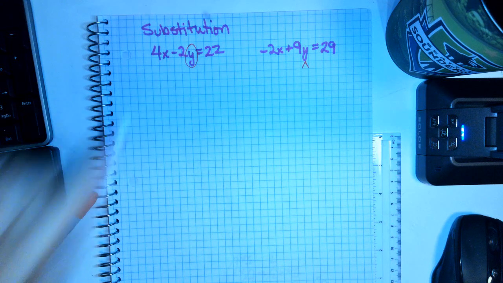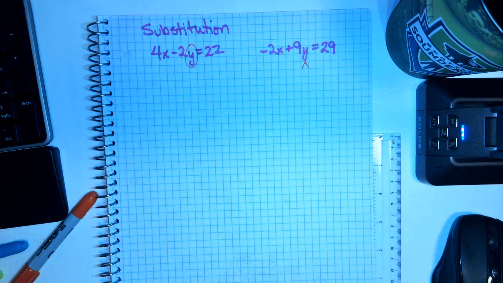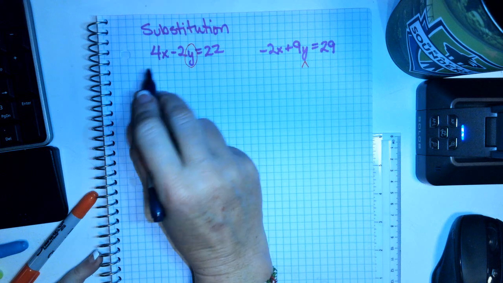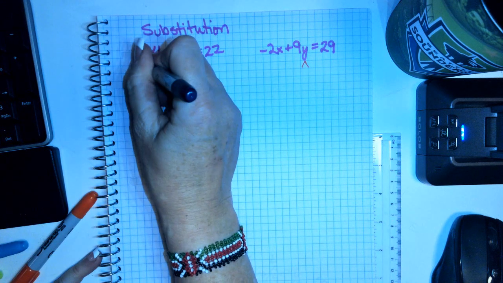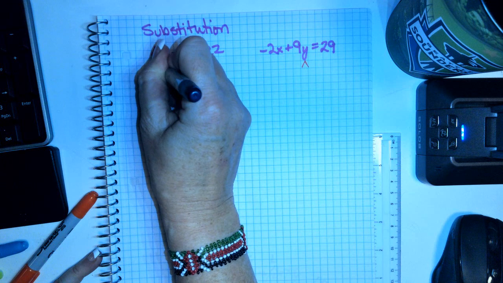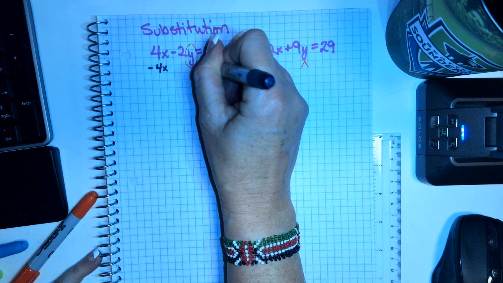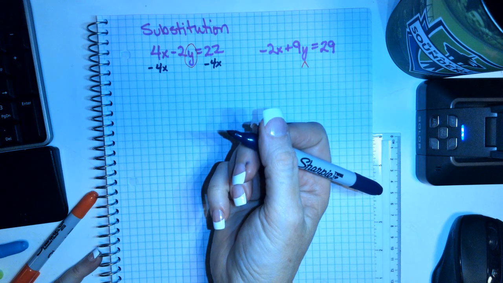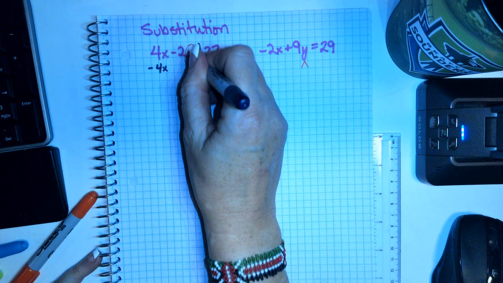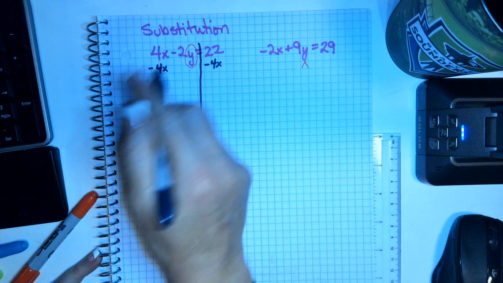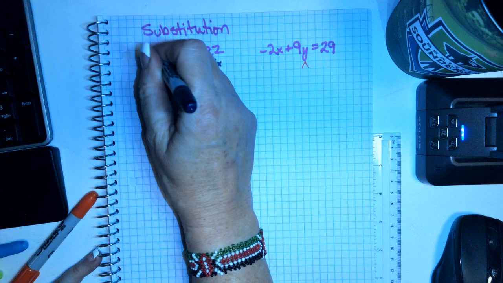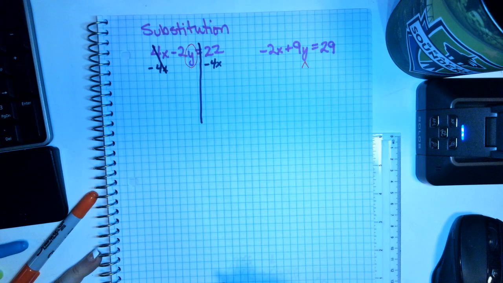So that's what I'm going to set about to do. So I need to manipulate this equation. I want to get this y all by itself. So the 4x has to move. So I'm going to subtract 4x from both sides. So 4x minus 4x, that's 0.